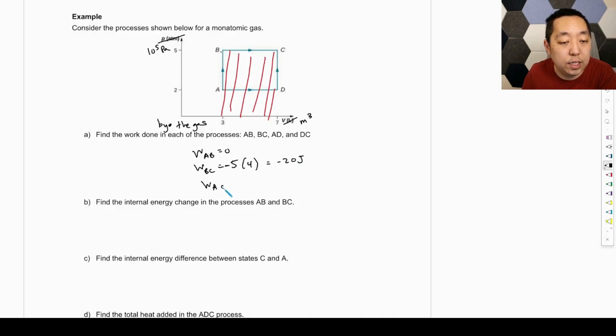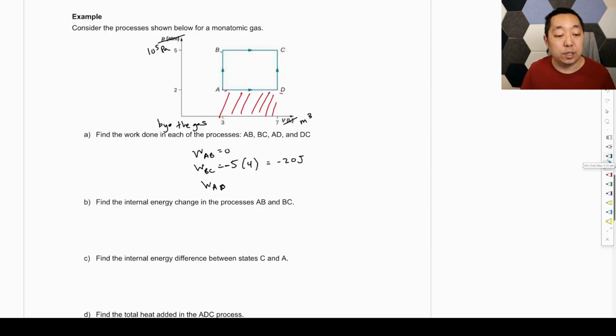The work from A to D. Oh, this one has the arrows wrong. Okay, it's not a complete cycle. And then let's talk about from here to here, A to D. Again, because it's expanding, it's going to be negative work.